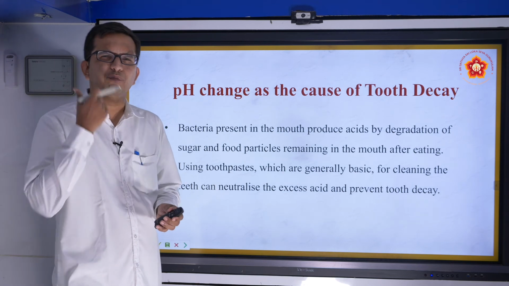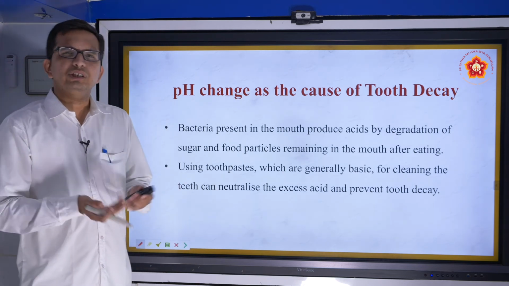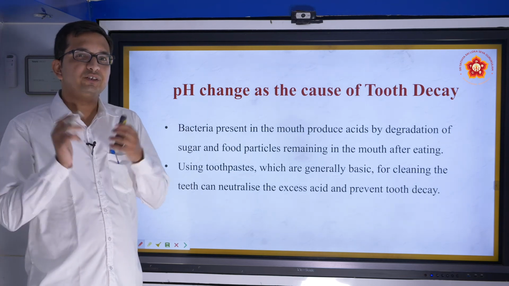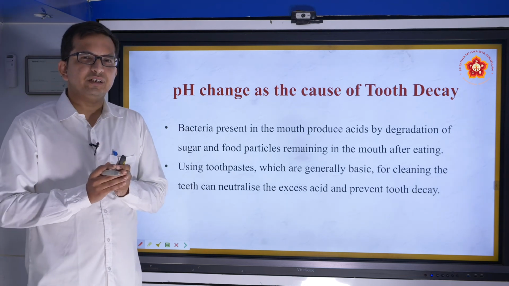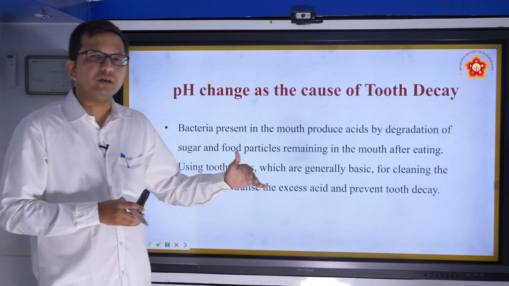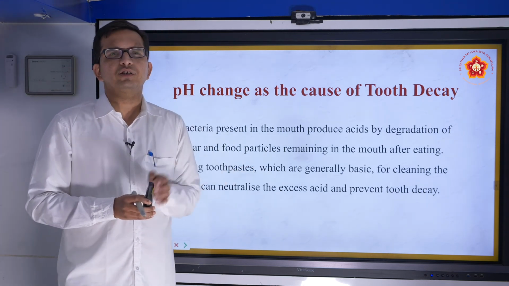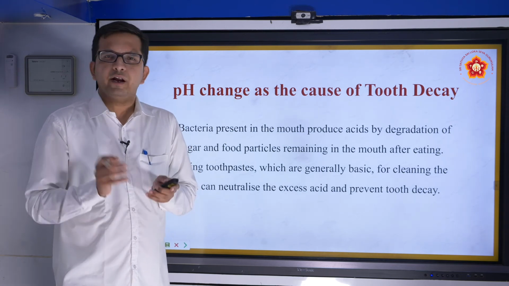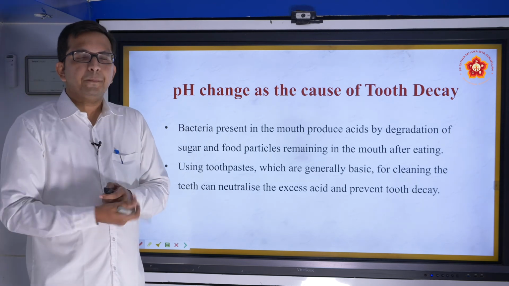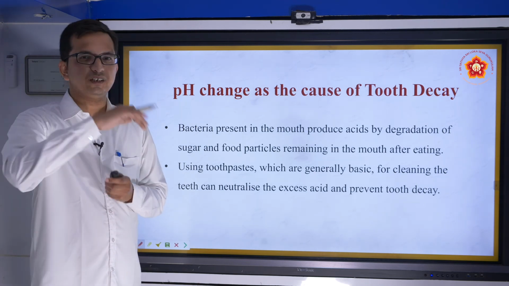And that is because a lot of bacteria and microbes are generated in our mouth whenever lower pH is maintained. Please remember, low values of pH indicate high acidity. So the moment the pH values are lowered, it gives rise to such type of microorganisms. And the role is done by the toothpaste, because toothpastes are basic in nature.